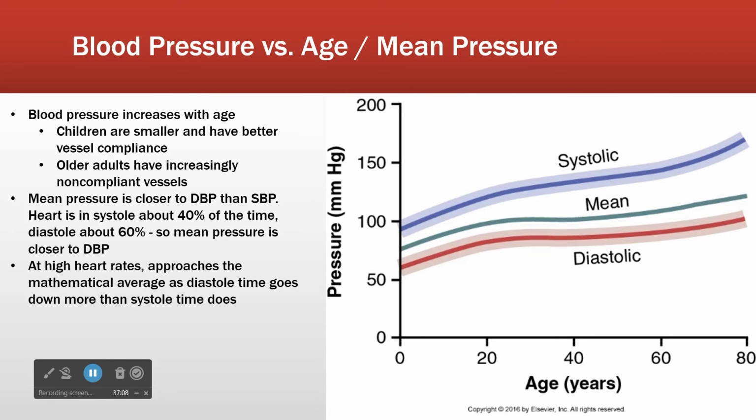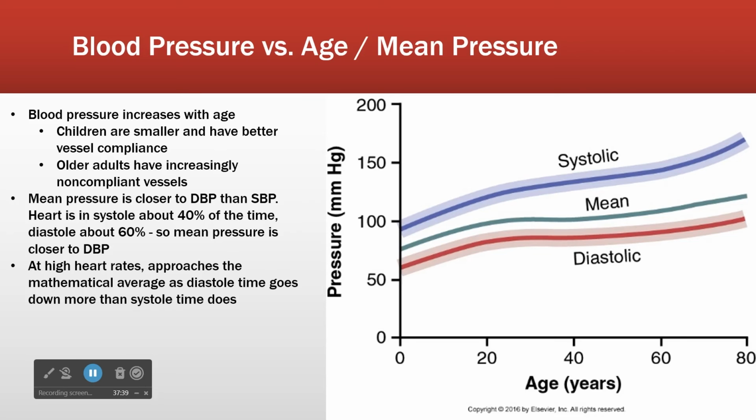The mean arterial pressure, in other words the average arterial pressure, you'll notice in my graph here, is a lot closer to the diastolic number than the systolic number. Well, why is that if it's an average? Because if you look at the amount of time the heart is in systole versus diastole, most of the time the heart is in diastole, about 60% of the time.